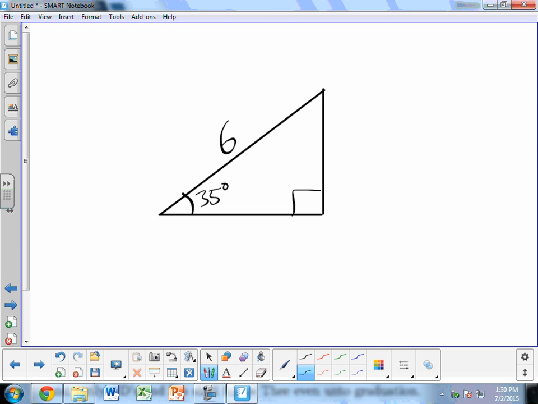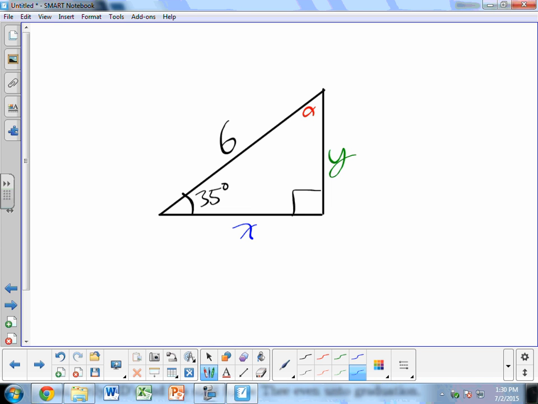So first of all, let's start naming some things. Let's call this angle up here alpha. Let's call this side, I don't want to use O because that can be confused with 0, so let's call it y. And let's call this side z. No, let's call it x. X is better.